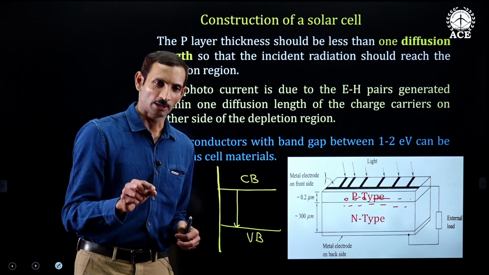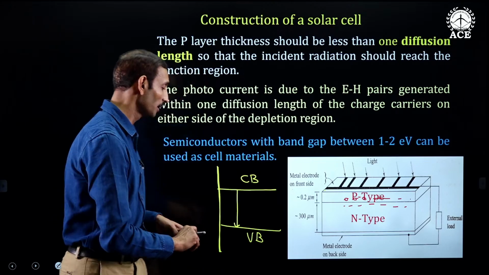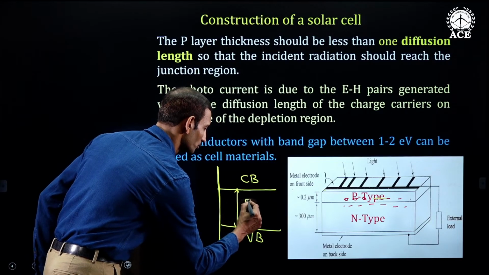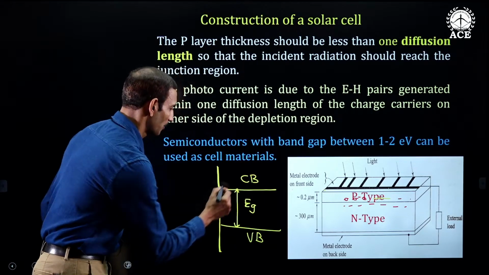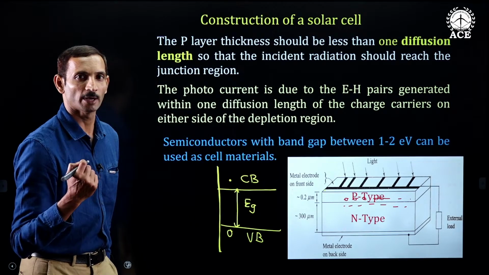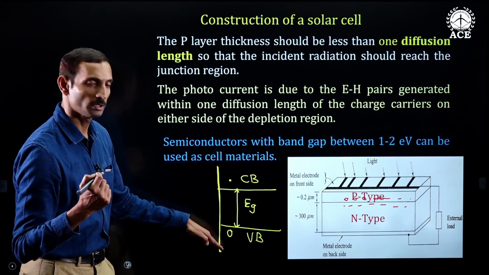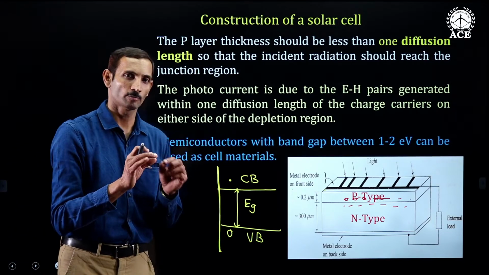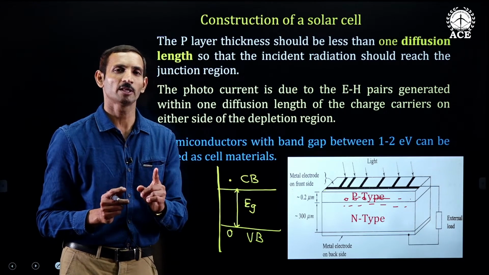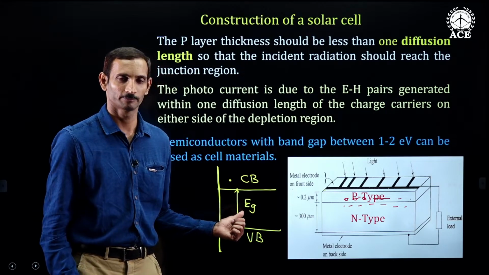If at all the energy of the photon is either equal or greater than the band gap, then only it can generate an electron hole pair. So this band gap actually refers to production of an electron in the conduction band and a hole in the valence band. If they have to exist, electron in CB, hole in VB, there has to be a covalent bond broken. But this covalent bond would be broken only when the energy of the photon is either equal or greater than the band gap.